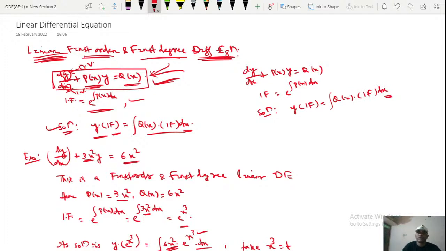This x is your independent variable and this y is your dependent variable.